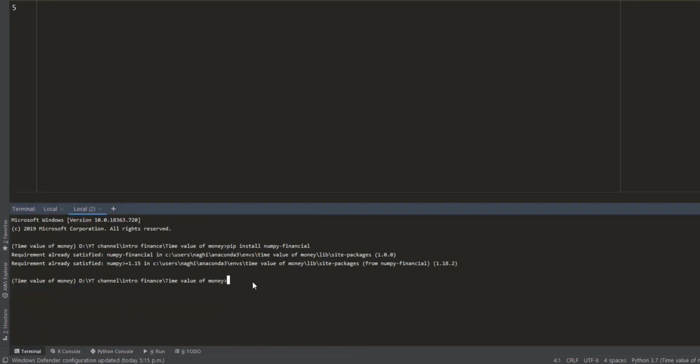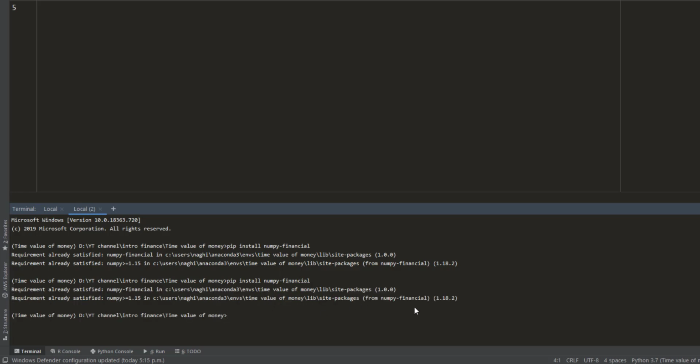You just go to your environment and just pip install numpy-financial. I have it already installed, but if you don't have it, feel free to install it on your system. It's a relatively small module. It does whatever a normal financial calculator would do for us.